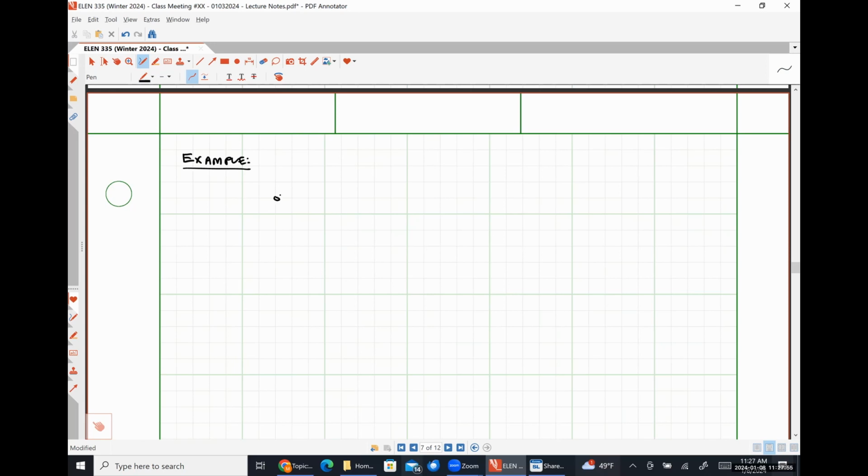So let's say that I have the following circuit. I have a 2.5 volt supply voltage. RC is 2 kilo ohms. Here's my collector terminal. My emitter terminal. Here's ground.